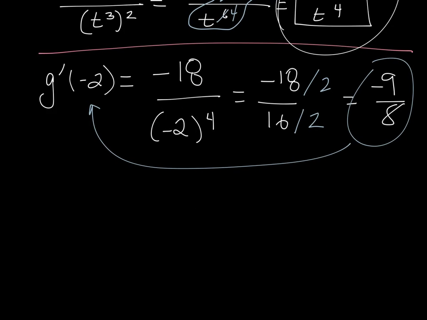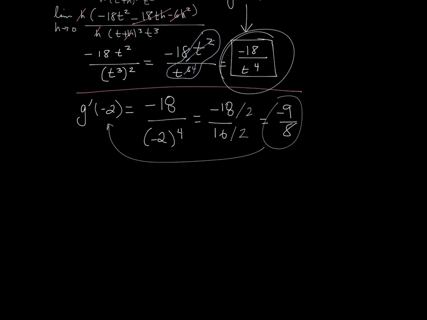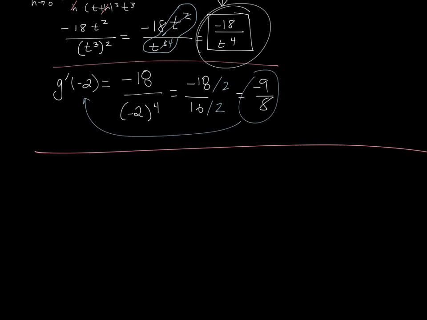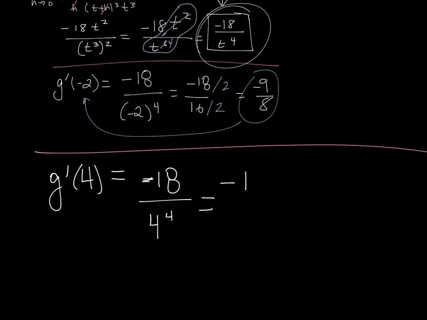Well, let's do the other 2 just to be complete. The next one was g prime of 4. So I simply take -18 and then 4 to the 4th power. So I get -18 over 256.